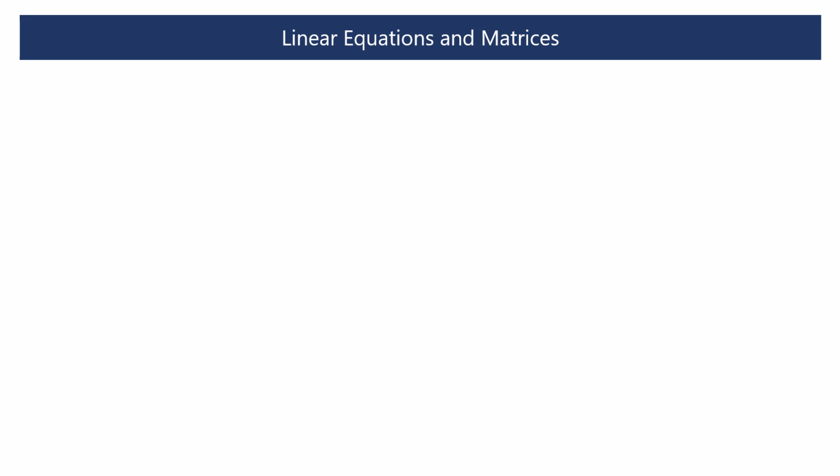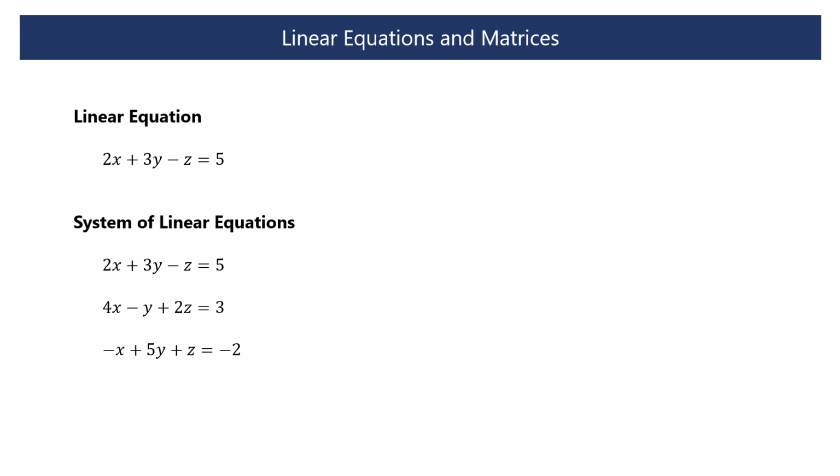Let's begin by revisiting the basics, the relationship between linear equations and matrices. A linear equation is an equation where each term is either a constant or a product of a constant and a variable. This is a single linear equation containing three variables, x, y, and z.